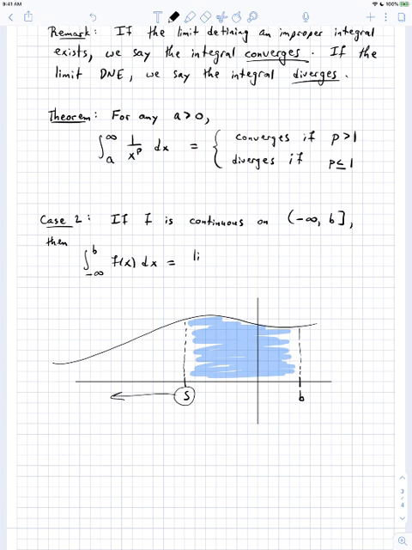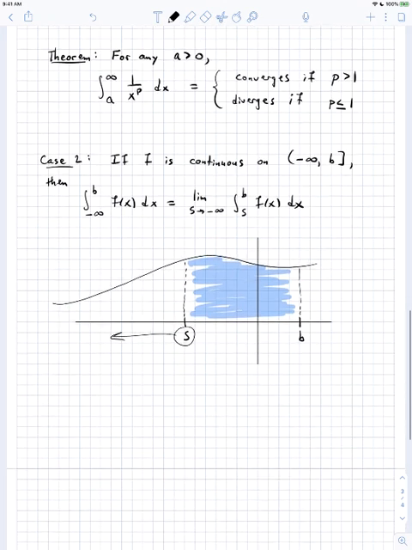So this is going to be the limit as s goes to negative infinity, the integral from s to b of f of x dx. And once again, if that limit exists and is a finite number, then you say the integral converges, and if the limit does not exist or is infinite, which means it doesn't exist, then you say the integral diverges. So let's do an example of this kind of thing.